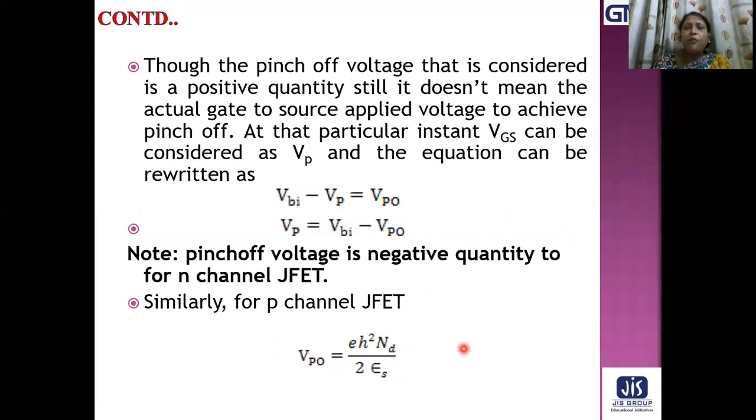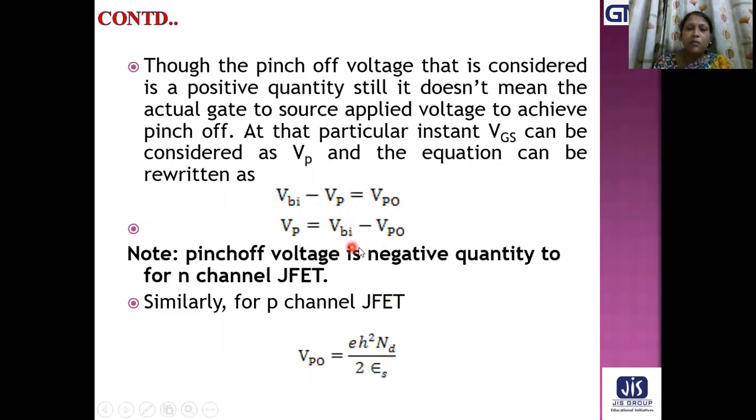Though the pinch-off voltage that is considered is a positive quantity, it doesn't mean the actual gate-to-source voltage applied to achieve pinch-off is positive. At that particular instant, VGS can be considered as VP and the equation can be rewritten as VBI minus VP equals VPO.